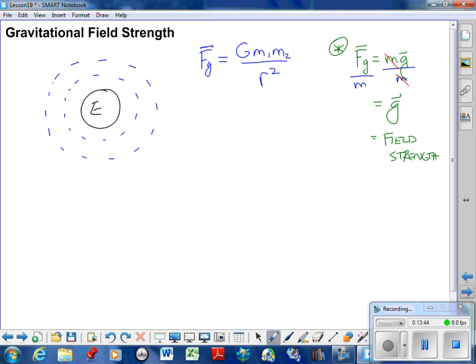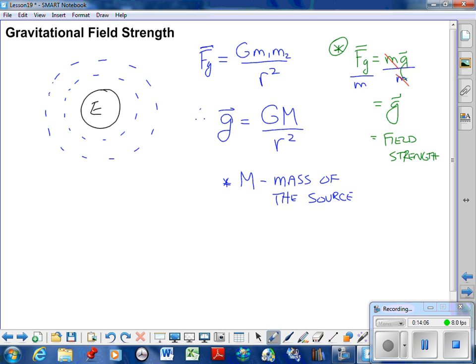So for gravitational field strength, and this is where I was kind of getting ahead of myself, g is equal to capital G, and now I go to a capital M over R squared, and down here, capital M is mass of the source. And for us in grade 11, it's always going to be Earth.